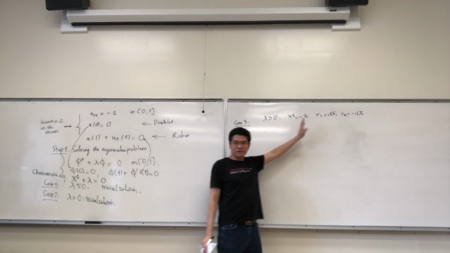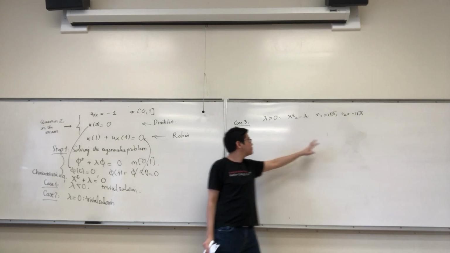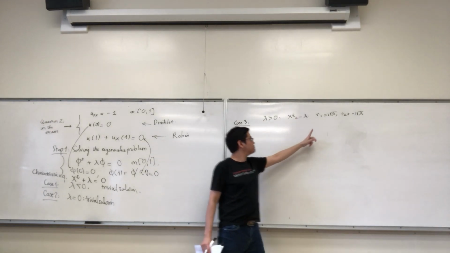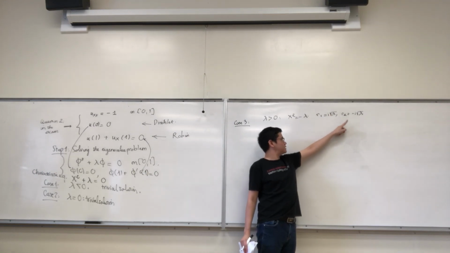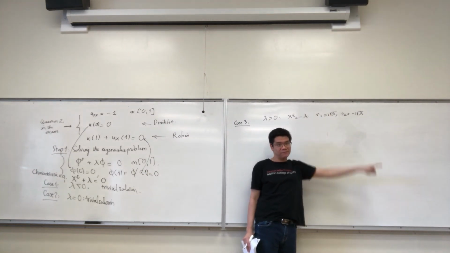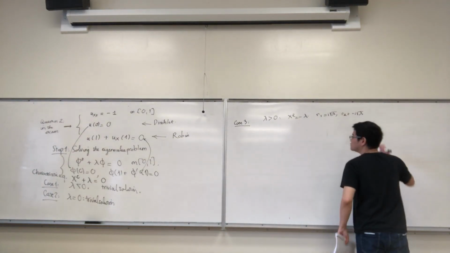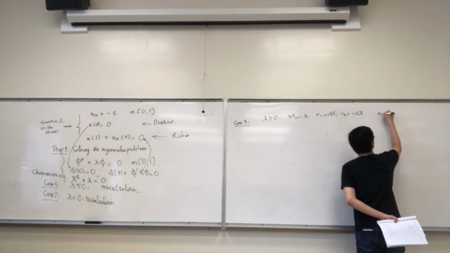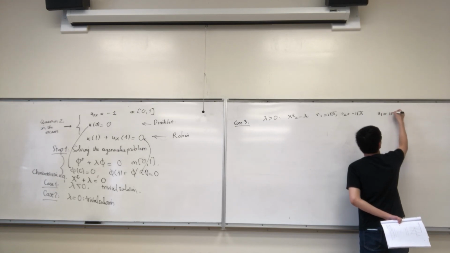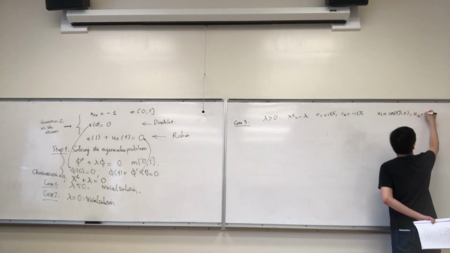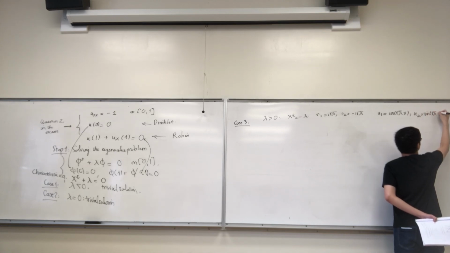So when lambda is positive, x squared is minus lambda, right? Then you have 2 roots. The first one is i square root of lambda, and the second one is minus i square root of lambda. Questions? So now you have 2 solutions. You have u1 is cosine of square root of lambda x, and u2 is sine of square root of lambda x.